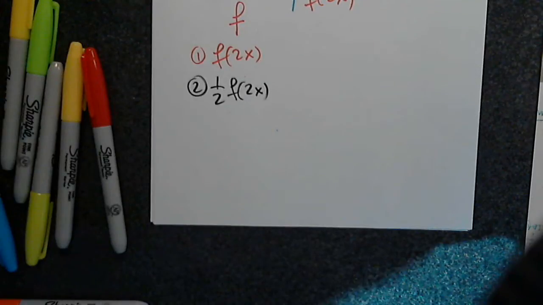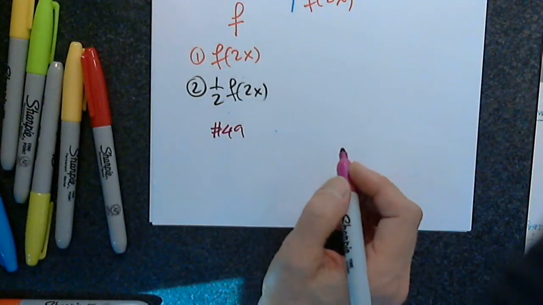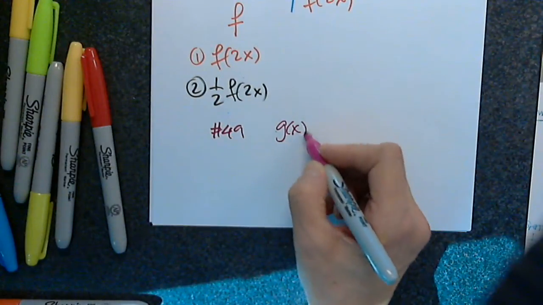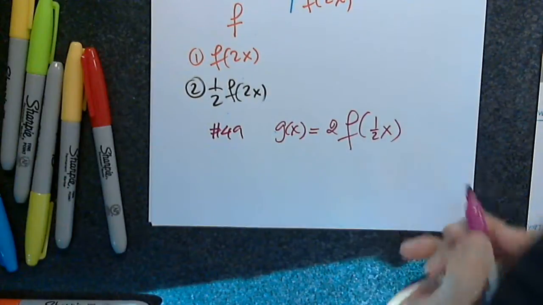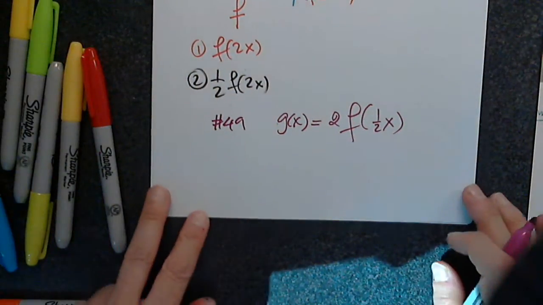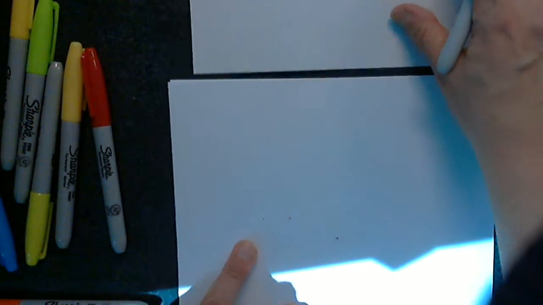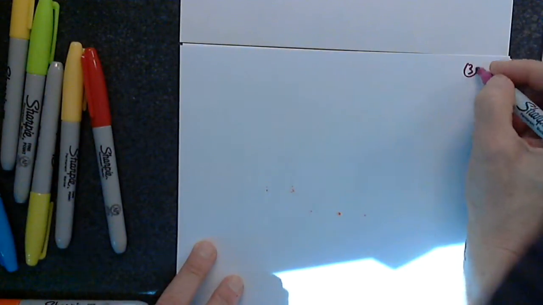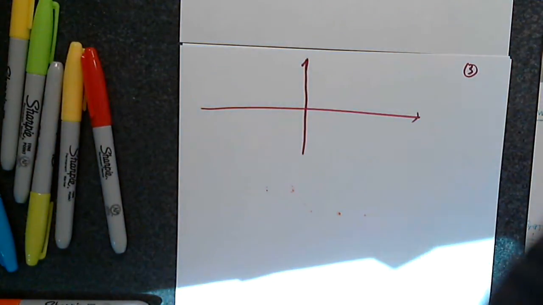So let's say 49. We have g of x equals twice f of 1/2 x. And here's the graph of f. Let's graph it together. Not a difficult graph.